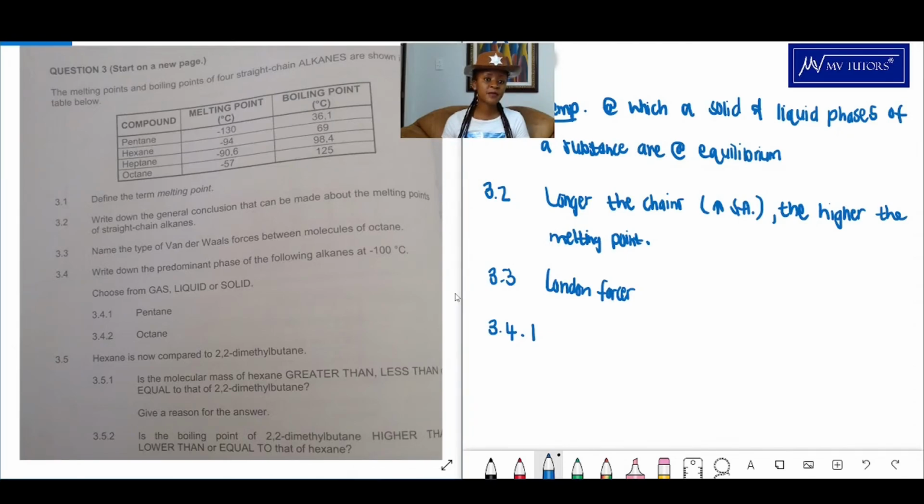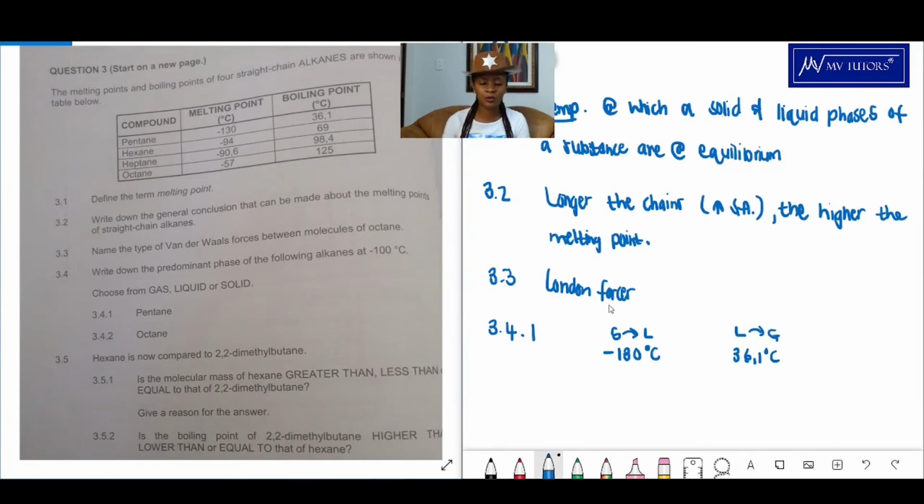So from negative 130, sorry, negative 130. Let me put it this way. At negative 130, it's going from a solid to a liquid. And at boiling point, we have 36.1. At boiling point, we go from a liquid to a gas.